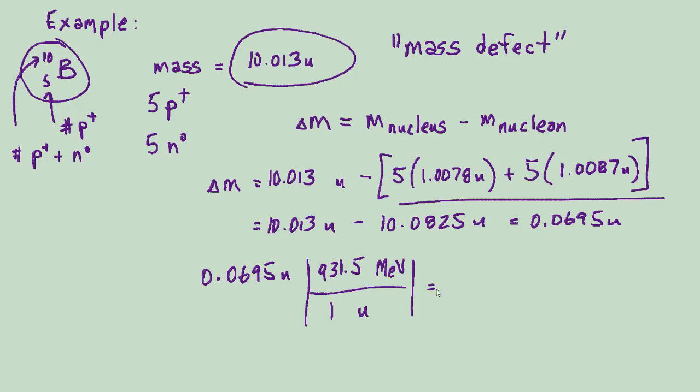Calculator says 64.7 mega electron volts. Now you could convert this to joules if you wanted to, but it's not really necessary for this example. Now that's going to conclude this video, and there will be another video that will cover the rest of this stuff. So I'll see you there.